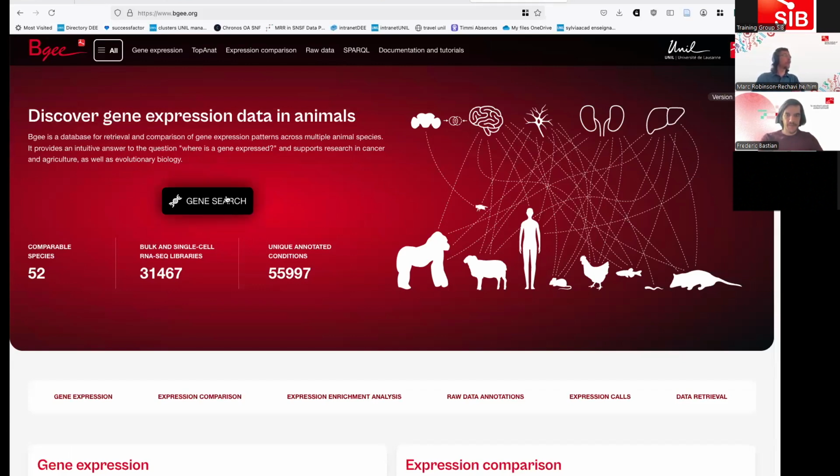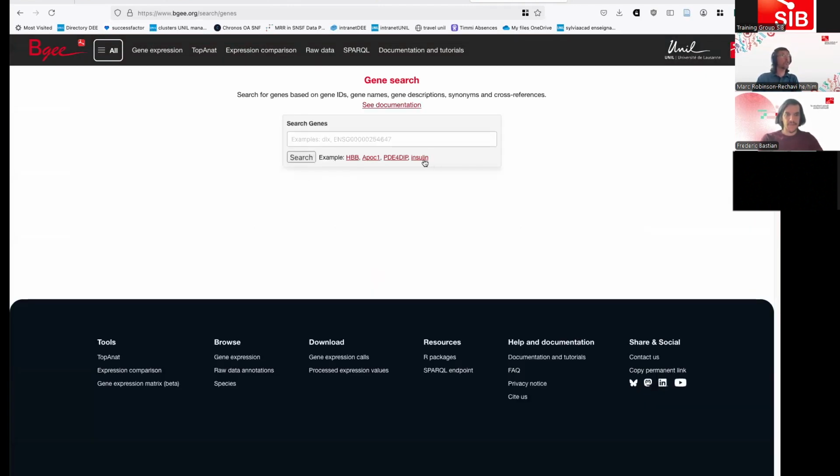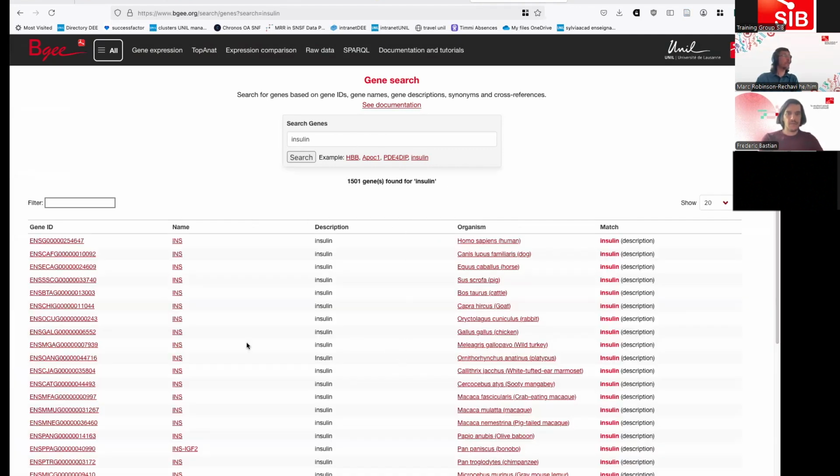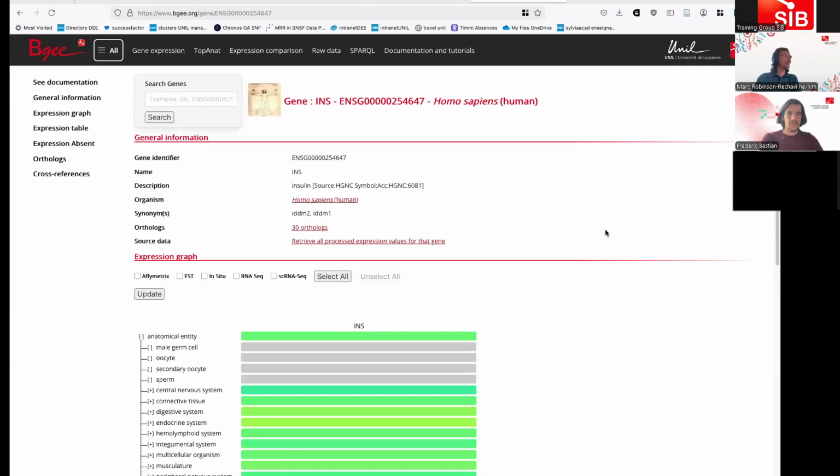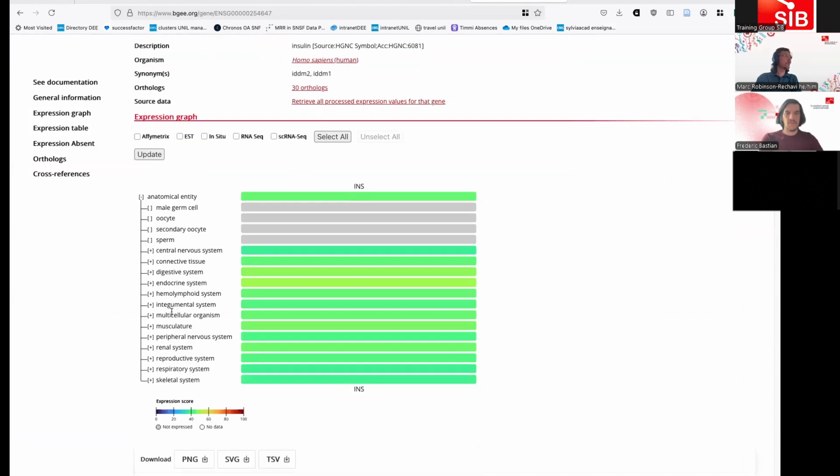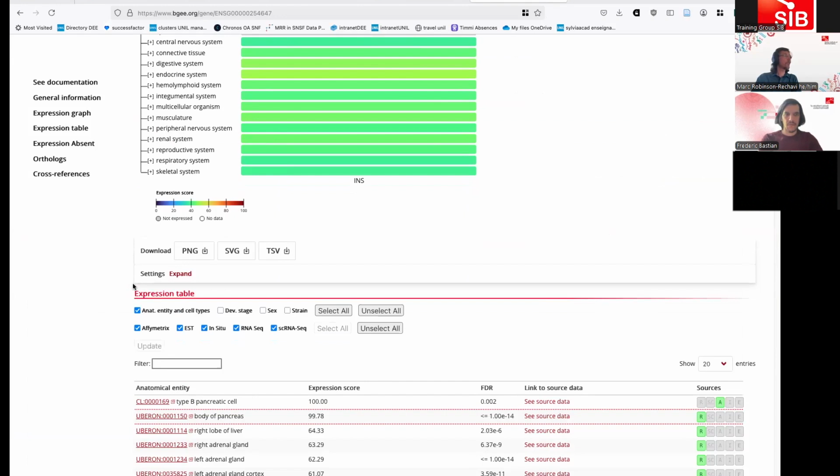Okay, so the first thing you see is this button, gene search, and if you type here, you can search for your favorite gene. So I'm going to click insulin here, but you can type anything, and it gives you this gene in different species. So here, for example, the insulin of human, and then what you find is a description of the gene, where it's expressed in a graphical way and where it's expressed in text.